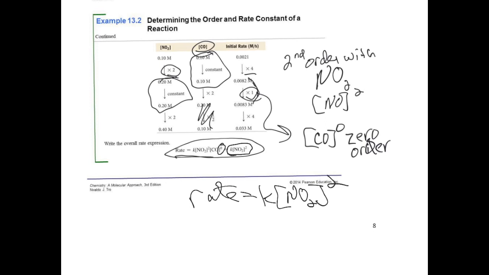Okay. Now what is the value for k? Well, we can plug in one of the data sets. So let's plug in this top one here, where 0.0021 is the rate and 0.10 is the concentration.